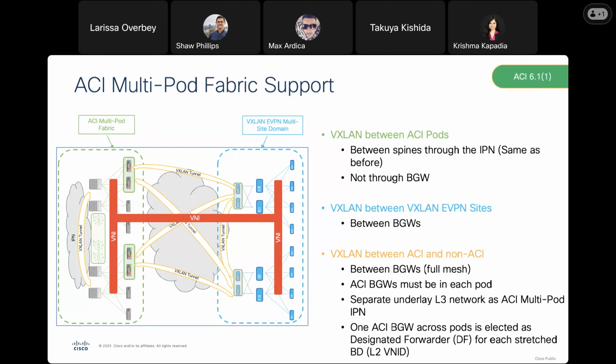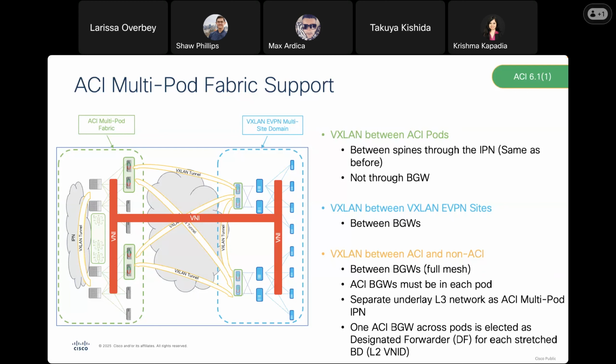So we'll leverage that ACI border gateway for each pod. As I mentioned, they'll have their own set, as well as the border gateways on the NXOS VXLAN EVPN side, which each site also has its own set.